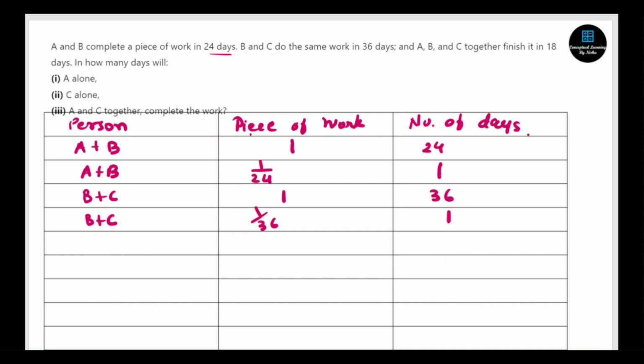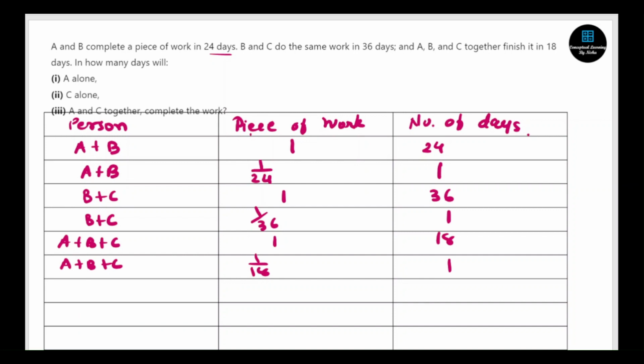And A plus B plus C together finish the work in 18 days, so they can complete 1 over 18 work in one day.